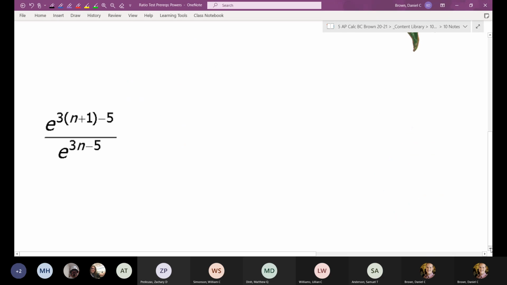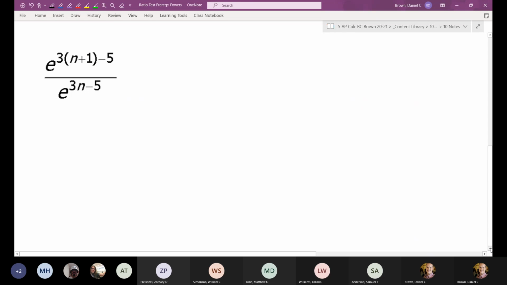Try that one for me. It looks a little bit stranger, but see if you can figure out what that one would end up simplifying to. Again, two ways to think about it, like properties of exponents.